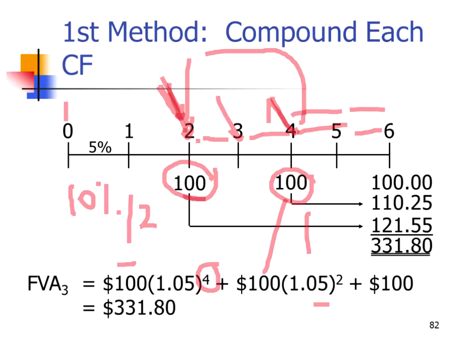So this is the beginning and this is the end. So you're making the contribution at the end of the time period, right? This example started from time 0. So this is time 1, time 2. Time 2 means end of first year.